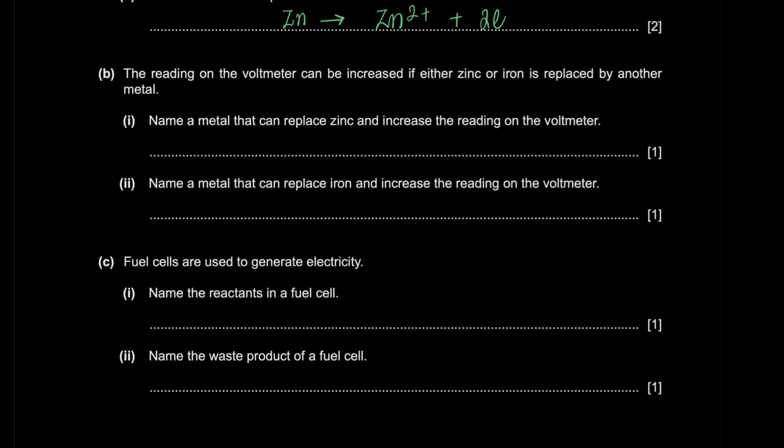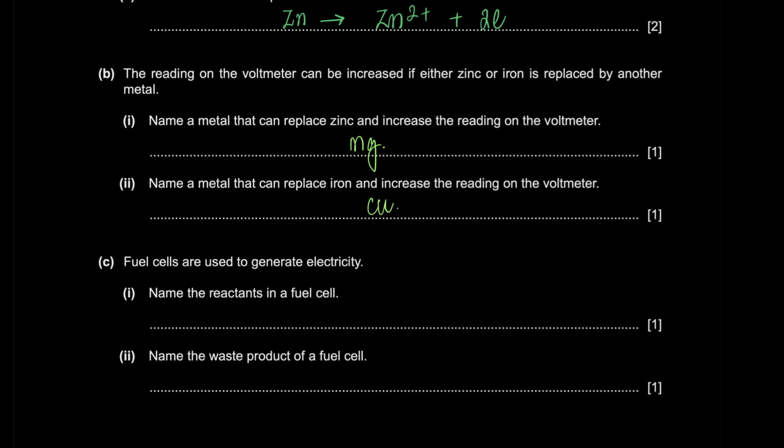Name a metal that can replace zinc and increase the reading. So you want a more reactive element than zinc. So I want to say aluminum, magnesium. Let's go with magnesium. Potassium, anything above zinc is fine. And I want to go below iron in the reactivity series, so copper.